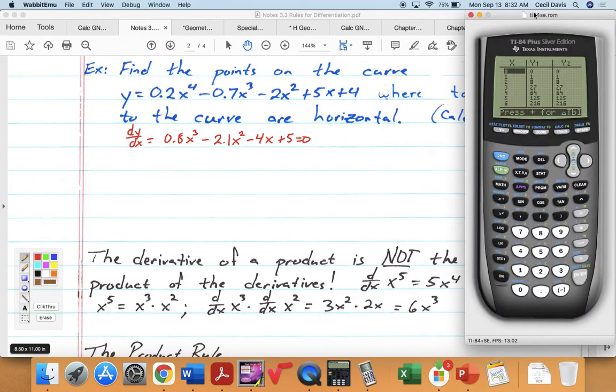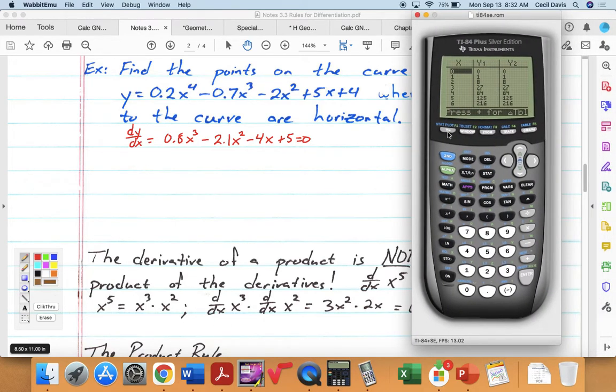This is one of the 4 things that you're expected to be able to do on the AP exam using your calculator. So 0.8x raised to the third minus 2.1x squared minus 4x plus 5.